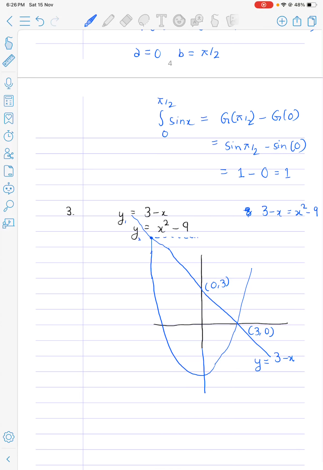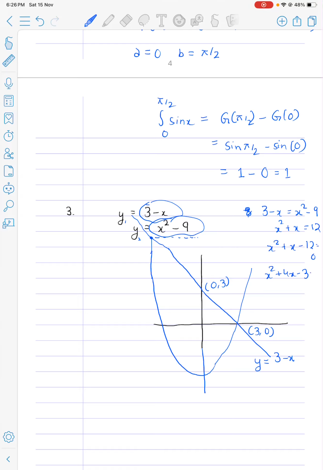Y and x values agree. So if you equate this and this, you'll get x square plus x, this will be what? 12. x square plus x minus 12 is equal to 0.